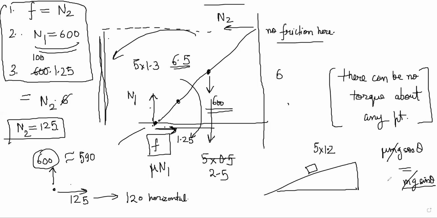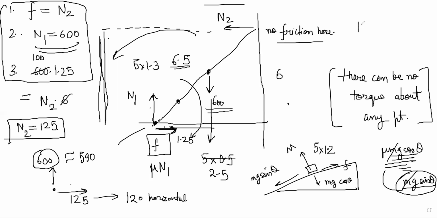You understand, here normal force mg cos theta comes, and this is mg sin theta downward force, and friction is balancing it. So mu into N should be equal to mg sin theta. And in this case, it comes as mu should be tan theta. But is it the same case?